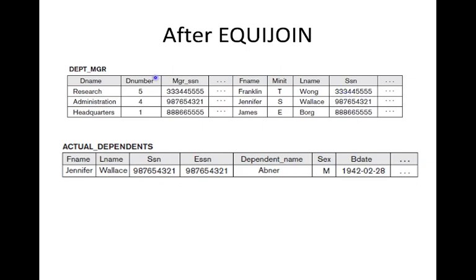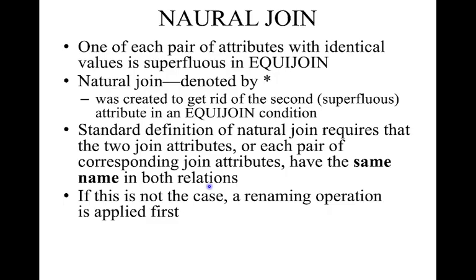When we join department and employee, the employee's SSN is a superfluous attribute, an unwanted attribute. When we join female employees with the dependent table, this ESSN is superfluous. We can remove this column itself, and then it becomes a natural join. It is denoted by the star or asterisk symbol.